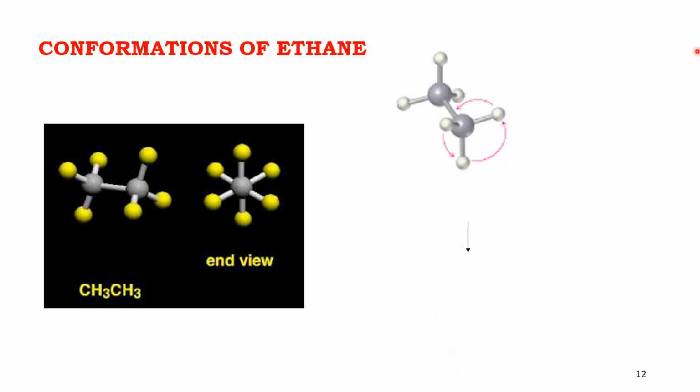Now see here, if I take this representation, I can rotate this carbon-carbon single bond. Now see here, this hydrogen atom is placed between these 2 hydrogen atoms. See another one. Here, this hydrogen atom is exactly placed in front of the hydrogen atom.